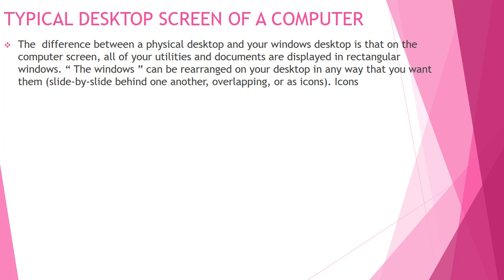The difference between a physical desktop and your Windows desktop is that on the computer screen, all your utilities and documents are displayed in rectangular windows. Computer utilities are programs that help maintain, monitor, and configure a computer system.